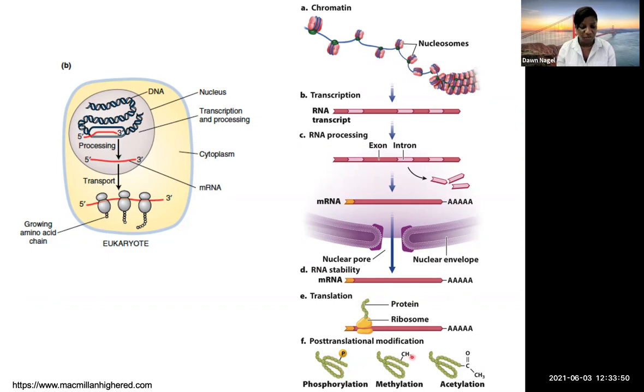You can have methylation, acetylation, and that's where you have those proteins, particularly these histone proteins, that are important for regulating the chromatin structure, right? So these modified proteins need to get back into the nucleus to play a role in chromatin compaction, right? And then we also mentioned, which is not highlighted here, that you have features within the protein that tell the protein where to go, right? Where am I going to go?